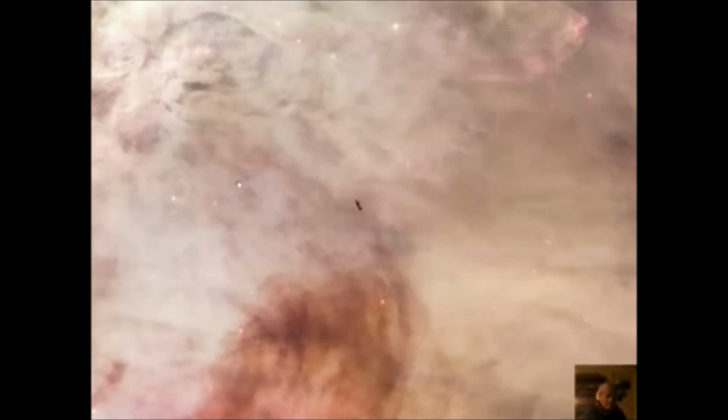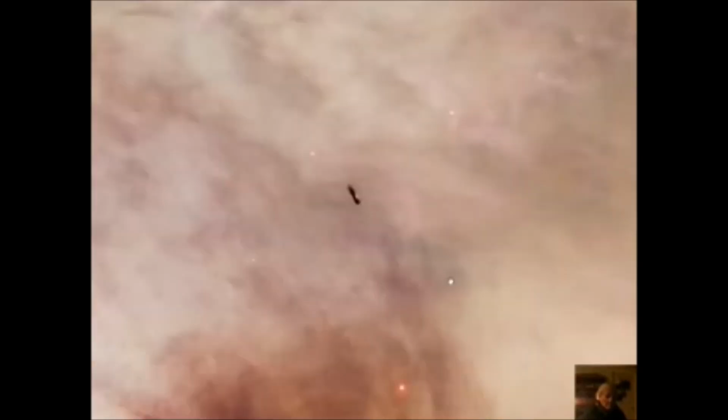So then back over to this guy. This is an object. It's somewhere between the camera and the nebula for sure. If that was in the nebula, we sure wouldn't be looking at it, unless it was a million miles long maybe. This thing I would say is pretty doggone big, unless it's really close to Earth, of course. But even if it was, we're looking through the Hubble telescope, and it's zoomed in on the Orion Nebula.